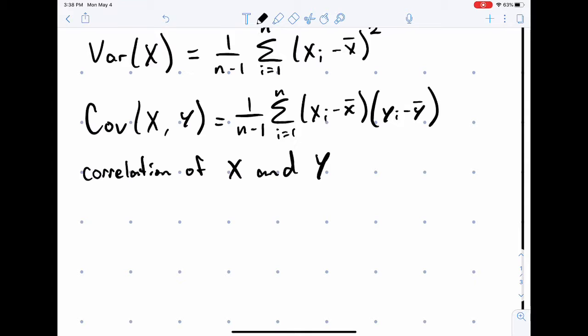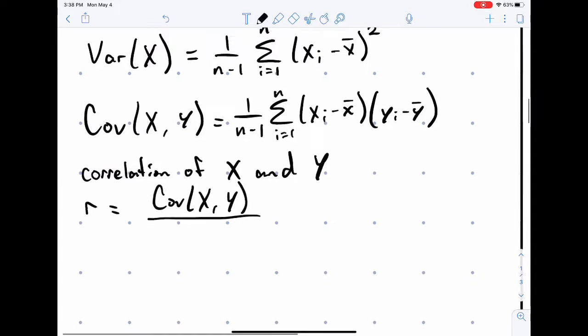So we can build the correlation using the variance and the covariance. It looks as follows. We use R to denote the sample correlation. I'm following the book. So you can write it as the covariance of x and y divided by the standard deviation, or the square root of the variance of x, times the square root of the variance of y.